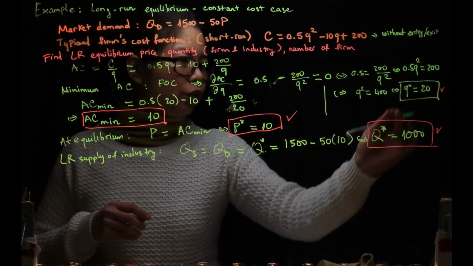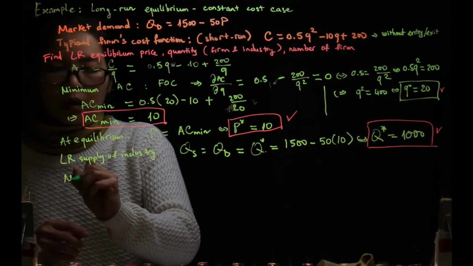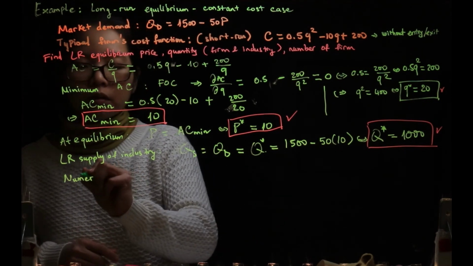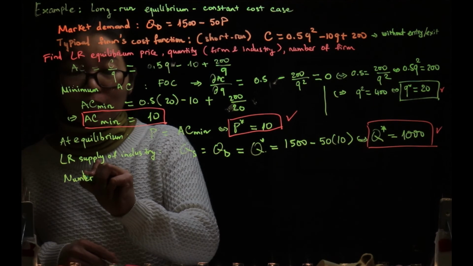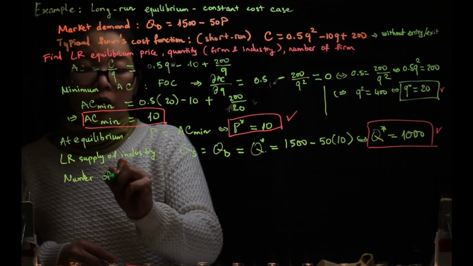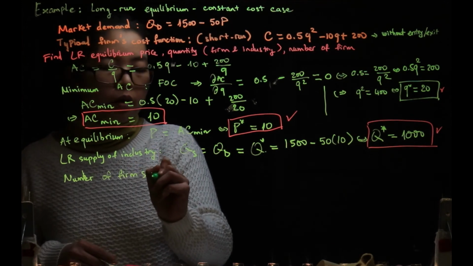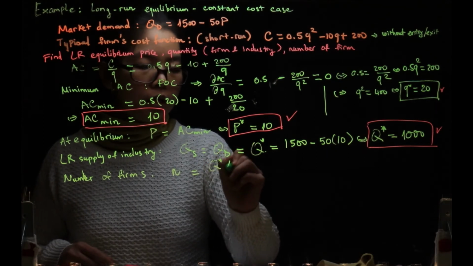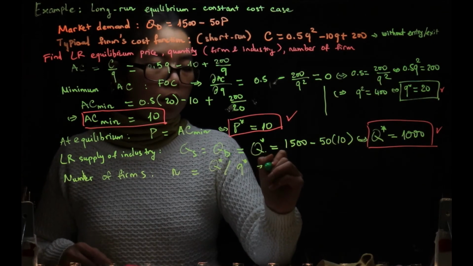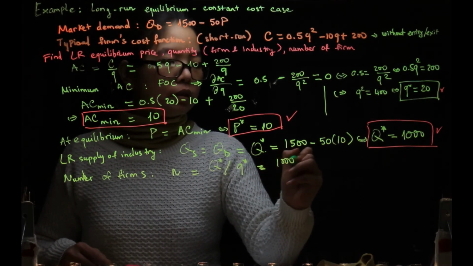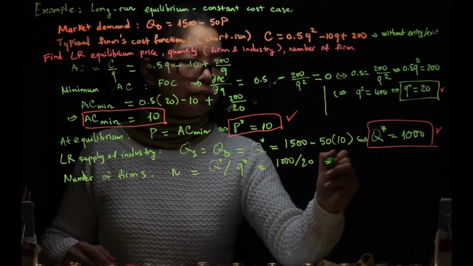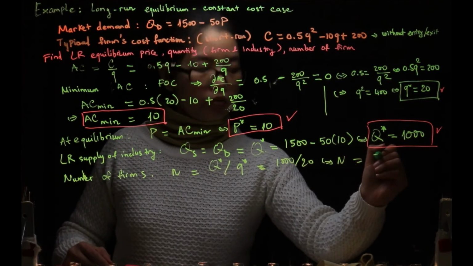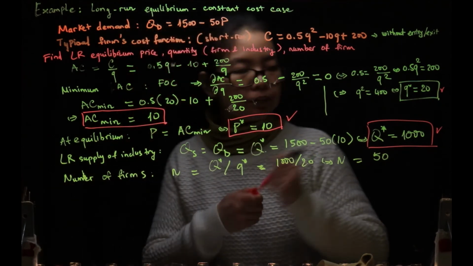We have large Q, we have small q, and we assume that firms are identical. So the number of firms N equals Q star divided by q star, equals 1000 divided by 20, meaning N equals 50, right?